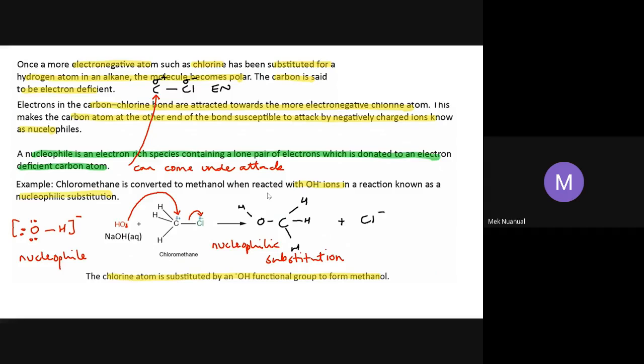So the opposite of that, which you learn in today's lesson, is the word nucleophile. A nucleophile would be something that doesn't need to get electrons. It is electron rich. It has enough to donate electrons to something that is electron deficient. Make sense?